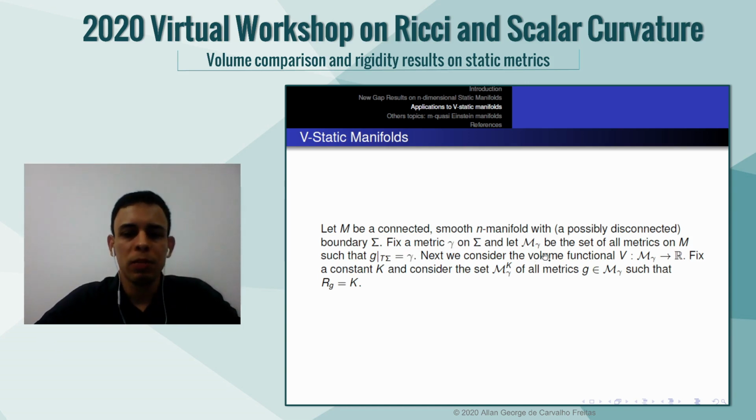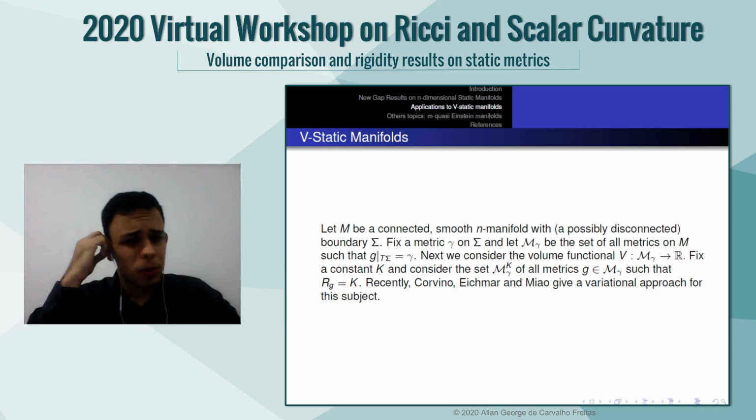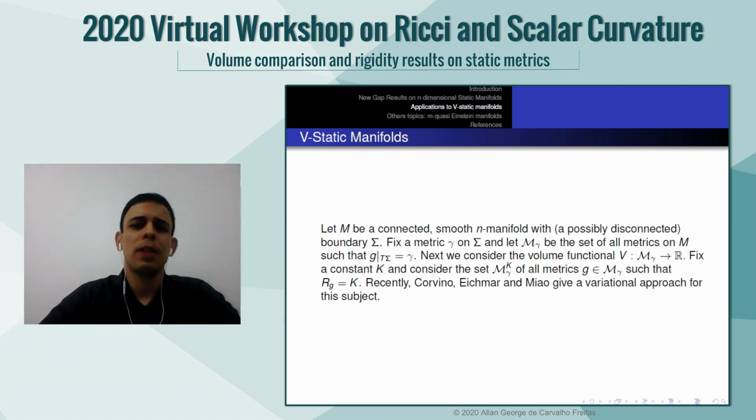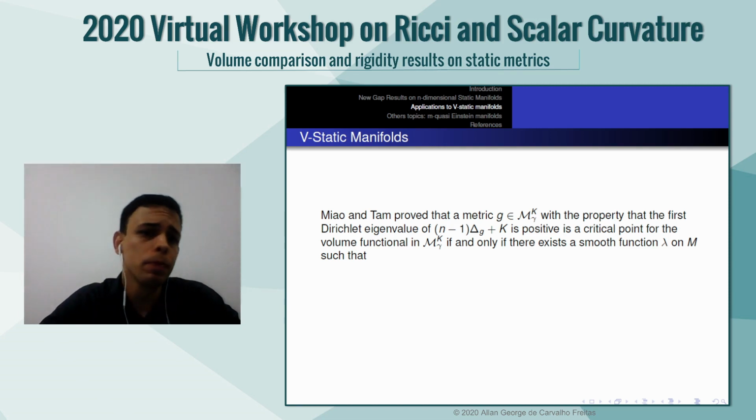So we can consider the volume functional on the class of metrics, and furthermore fix a constant and consider the subset of all metrics in this set such that the scalar curvature is constant equal to k. Recently, Corvino, Eichmmair, and Miao gave a variational approach to the subject, and in fact studied critical points of the volume functional.